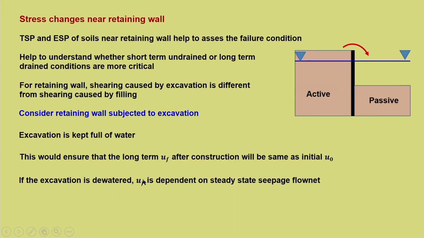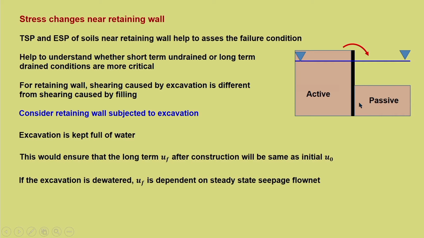But what is the implication of that? If the water is drained out, then the equilibrium pore water pressure is dependent on the steady state seepage flow net. We have already seen what happens if water is pumped out. There will be seepage from the higher water level to the lower water level. This will be governed by the flow net under this structure, and it will determine the equilibrium final pore water pressure.